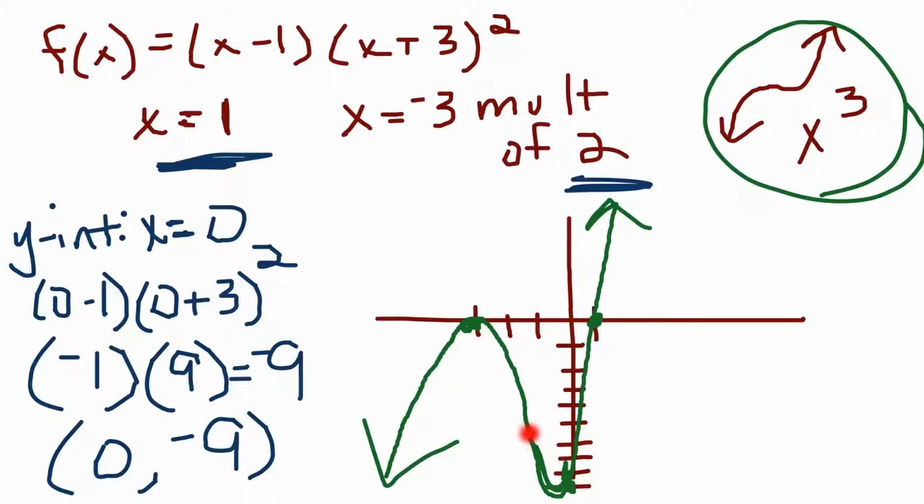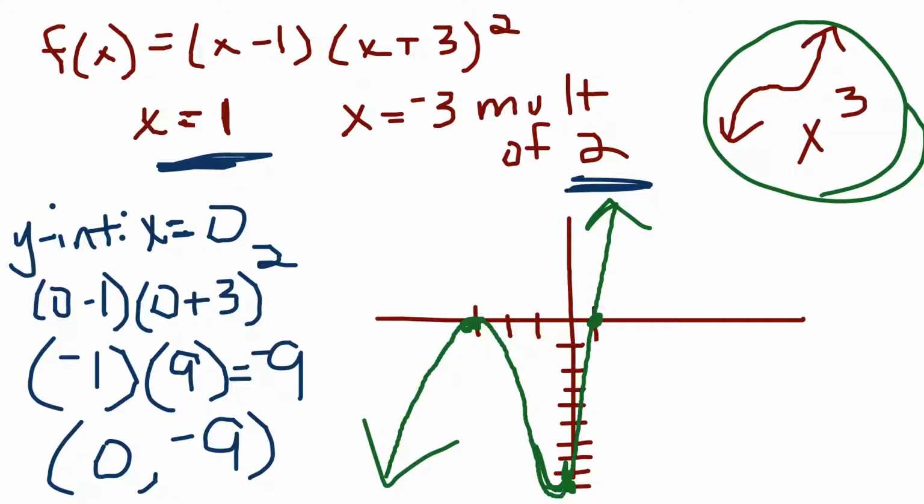I cannot assume that it bottoms out at the 9 and then comes up. So when I graph in my calculator, I can see that it's going to bottom out before that, and then as it's going up to hit this other 0, that's when it's going to go right through it, go through that negative 9 and then through the 1.